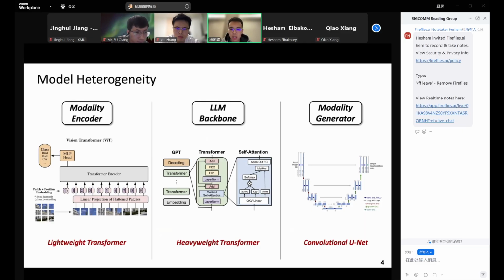In contrast, the LLM backbone like GPT is a very heavyweight autoregressive transformer, often orders of magnitude larger and more complex. And finally, the modality generator is often a completely different architecture, like a conventional U-Net. The key takeaway here is that these components have different designs and computational needs, which leads to different computational time and pipeline parallelism. And we call this phenomenon model heterogeneity.